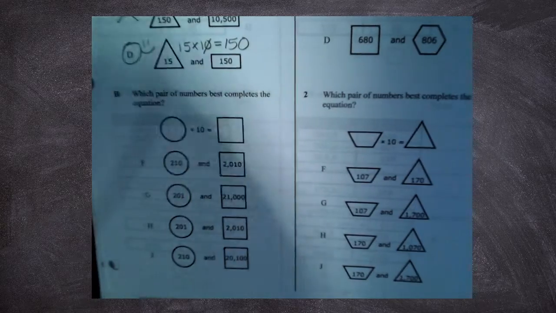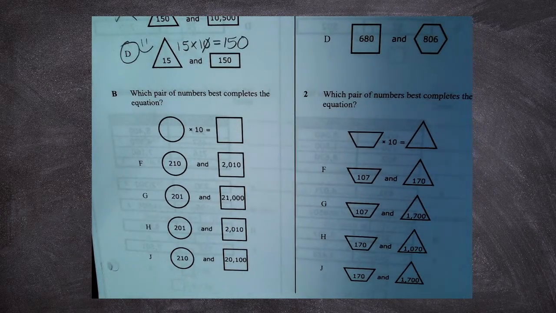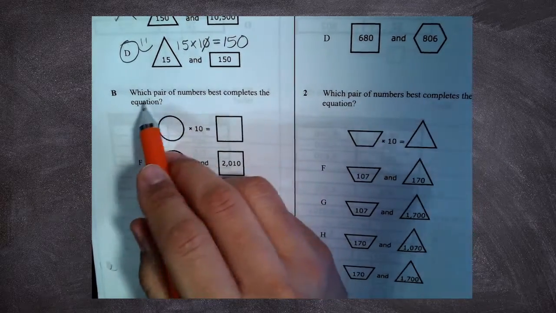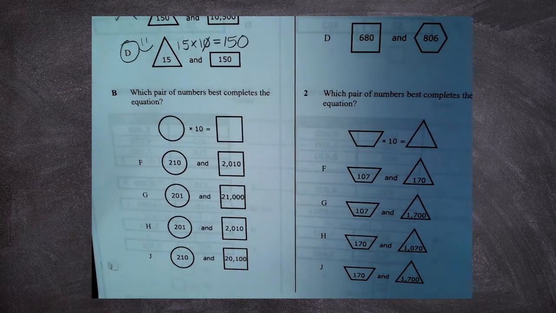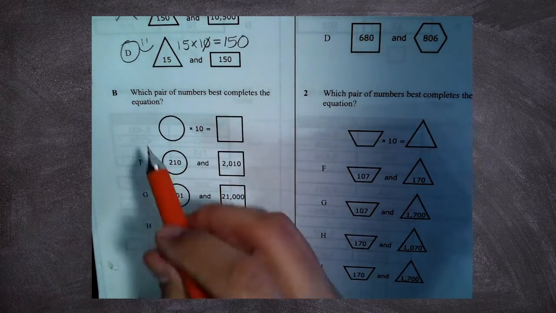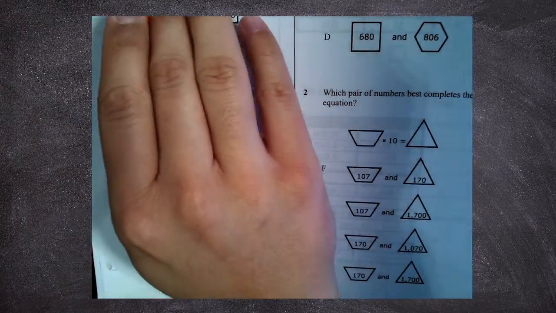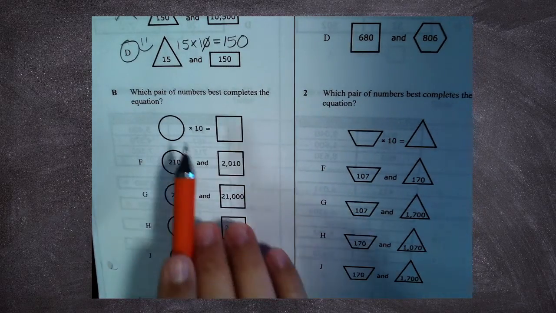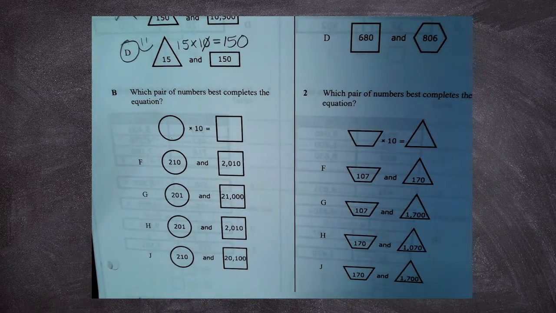Let's take a look at not answer choice, but question B. Question B looks really similar. What they did that's different, it still says which pair of numbers best completes the equation. We're still multiplying with 10, but instead of using a triangle and a rectangle, they used a circle and a square.